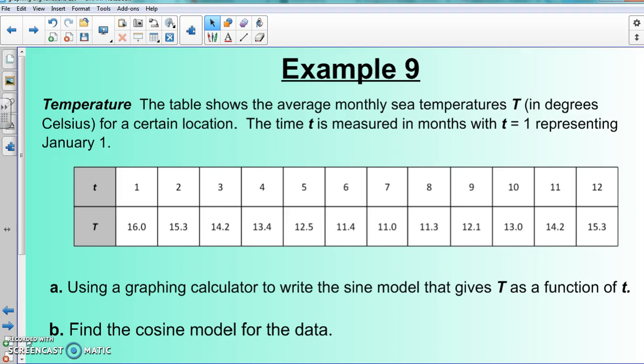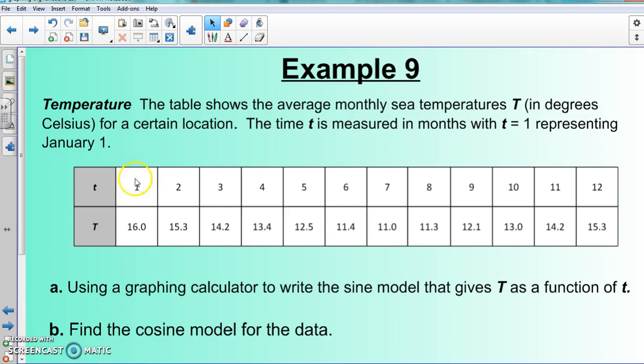All right, so as you look at this, we're talking about temperatures. This table shows the average monthly sea temperature, the capital T, in degrees Celsius for a certain location. The time t is measured in months, with t equaling 1 representing January 1.